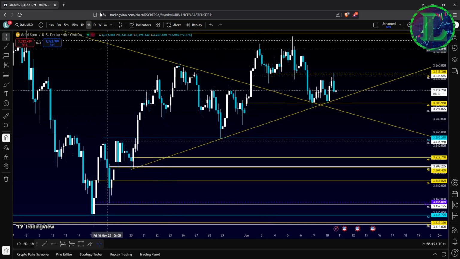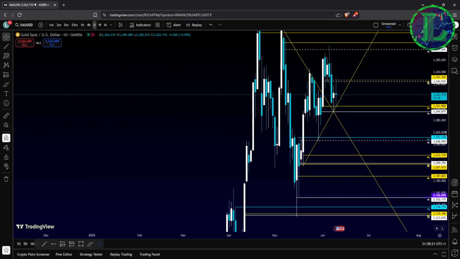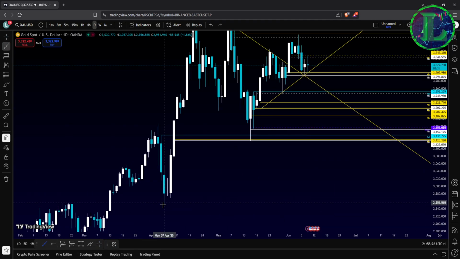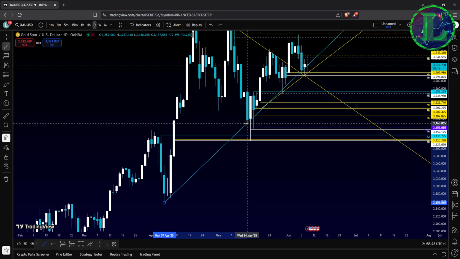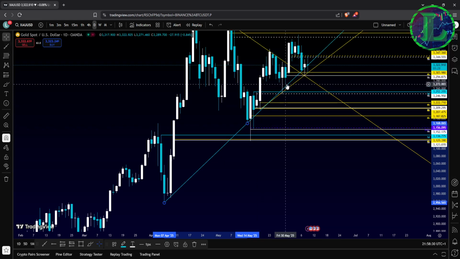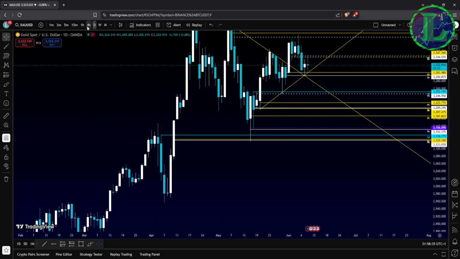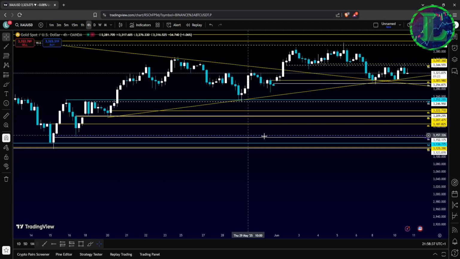I created this one based on the daily trend that we can create from the bottom here, this to this one here. As you can see on the daily, that's also good, but on the 4-hour, it's going to be better for the trades.